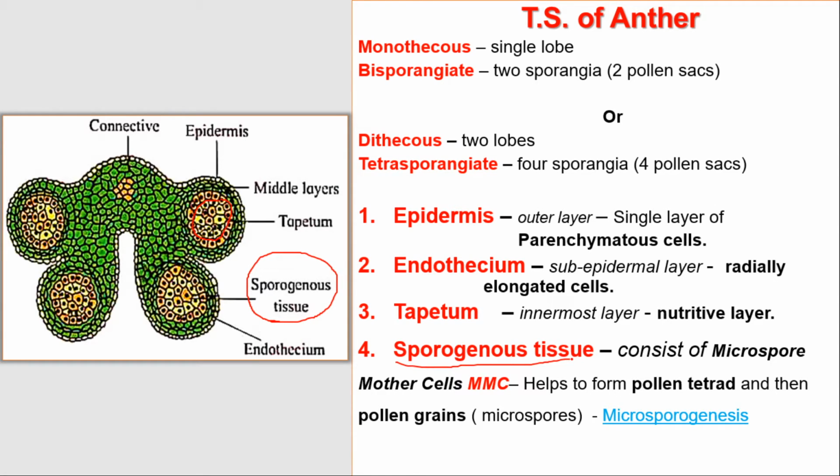These sporogenous tissues consist of microspore mother cells, that is MMC. These microspore mother cells help to form pollen tetrad. The pollen tetrad will form pollen grains. And we know pollen grains are also called microspores. Therefore, the process of formation of microspore is called microsporogenesis.